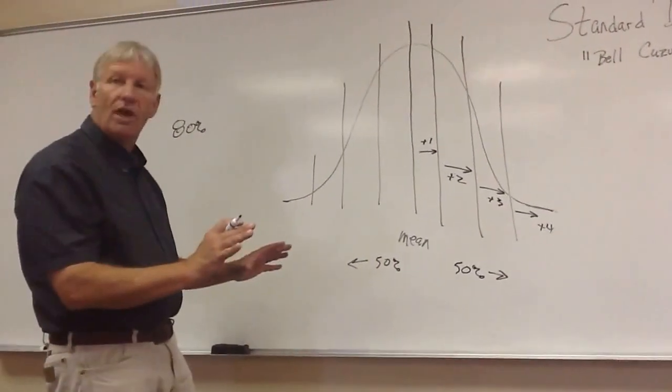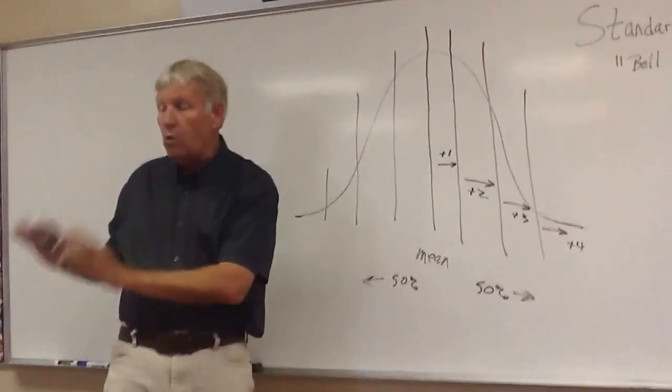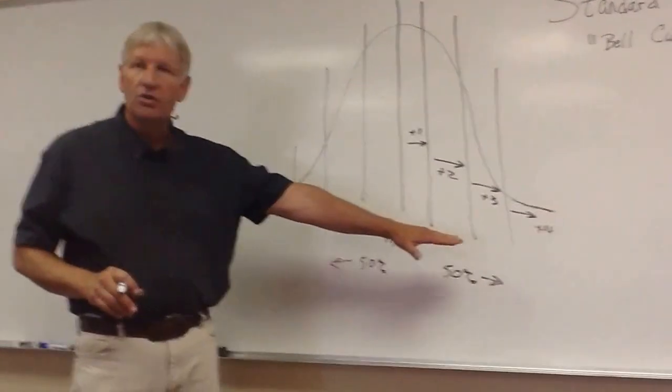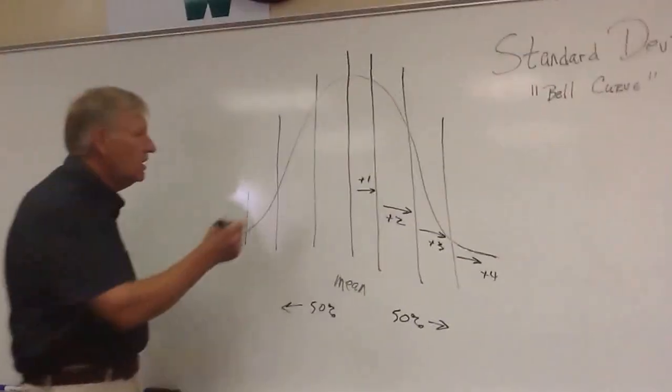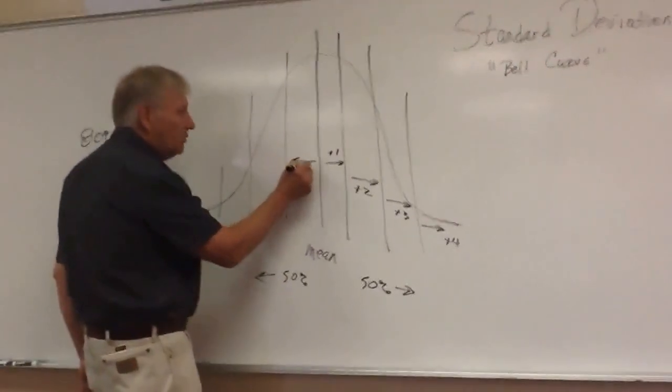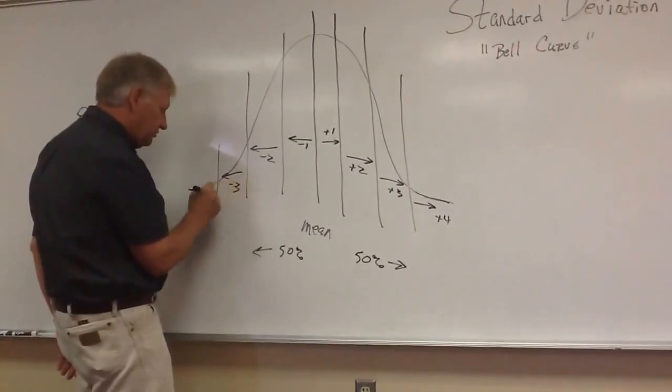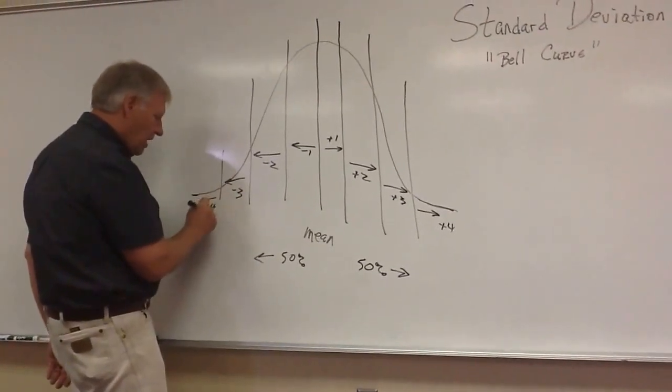Now, there are different ways to read this, and we'll talk a little more about it when we get to the analytical section. But once again, this is the general structure of the idea behind standard deviation. Then here we are, minus 1 from the mean, minus 2, minus 3, and minus 4.